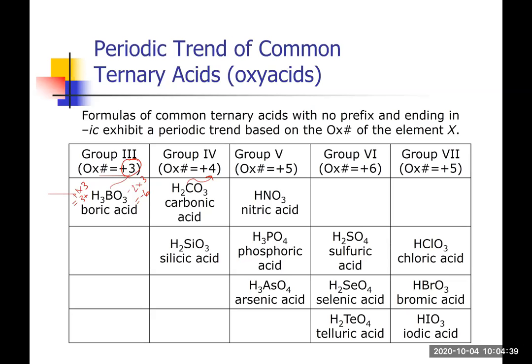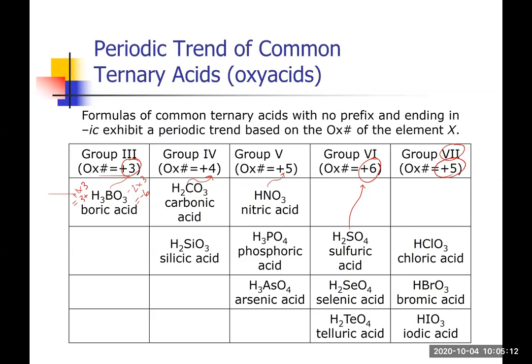The oxidation state of nitric acid, phosphoric acid, and arsenic acid, the N, the P, and the As, so the nitrogen, the phosphorus, and the arsenic would all have a +5 oxidation state. In group 6, sulfuric acid, selenic acid, and telluric acid, the sulfur, the selenium, and the tellurium will all have a +6 oxidation state.